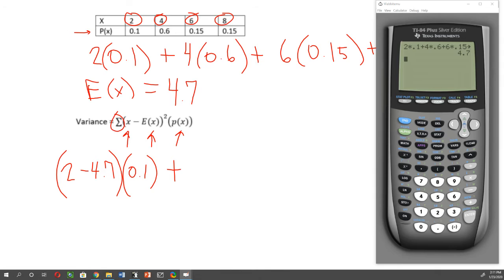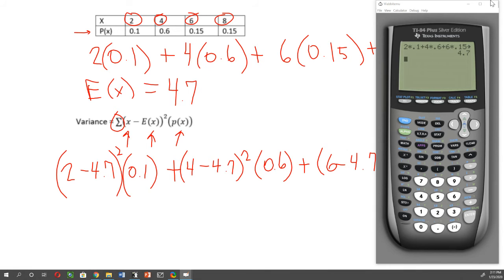Plus, because this means to sum, so we're adding these things up, 4 minus the expected value, which is 4.7, squared times the probability, which is 0.6, plus the next one is 6 minus 4.7 squared times the probability of that, which is 0.15.